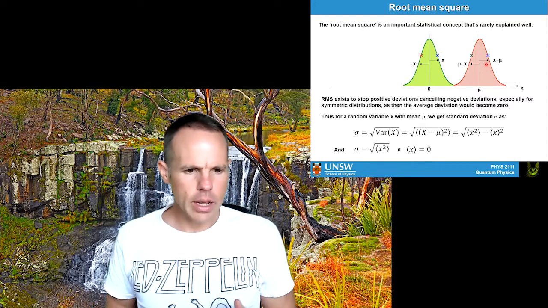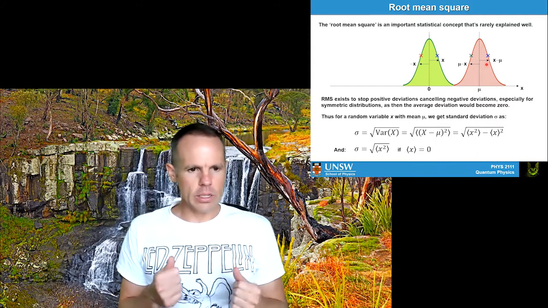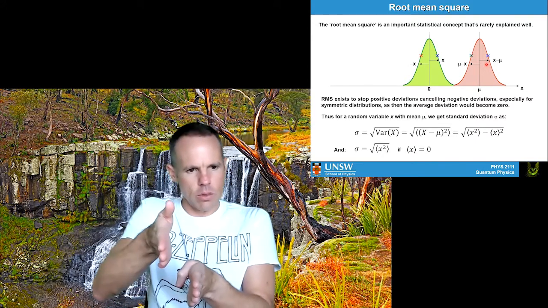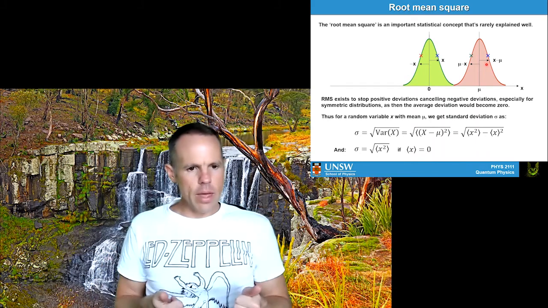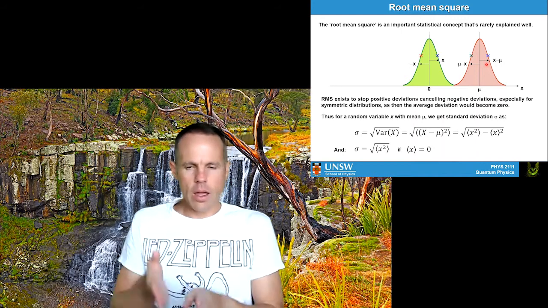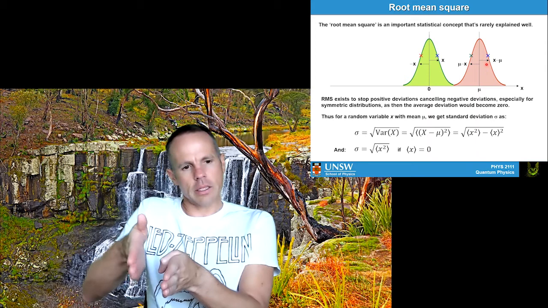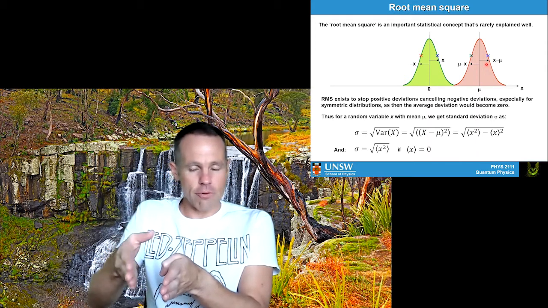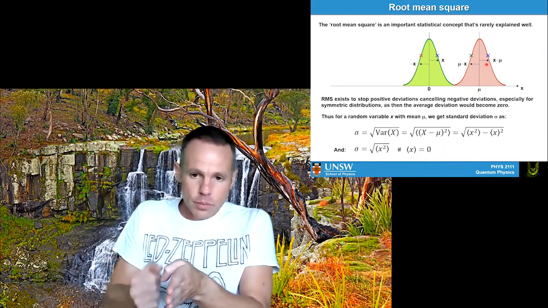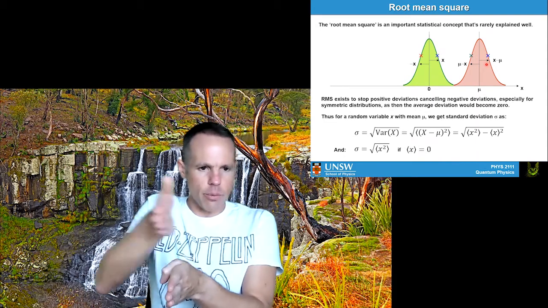So one thing that we tend to do a lot when we're looking at statistical distributions is a thing called root mean square. So the idea is that we take all of the numbers that we want to average, we square them all, then we take the mean, then we take the square root again, okay? For a positive number, when you take the square, it stays positive. You then take the average, then you take the square root, and you get back a positive number. If you go to the negative side, the square of a negative number is now a positive number.